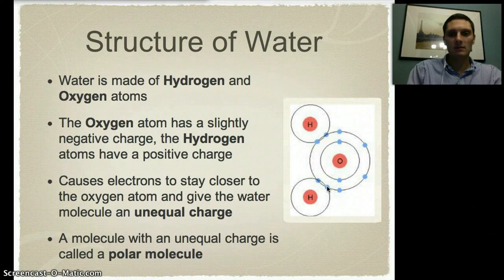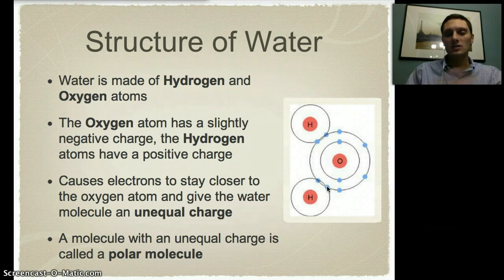Now, I said that oxygen kind of shares its electron. Oxygen has a higher or a greater electronegativity. It has more of a negative charge, let's say. And so because of that, it's kind of pulling those electrons more towards itself and away from those hydrogens. So it's kind of hogging those electrons a little bit.